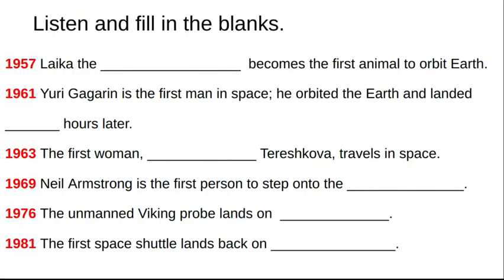Okay, now we are going to listen to a different audio and we have to fill in the blanks with the missing word. In red, you can see the year that these events happened. Go ahead and pause the video to quickly read through the sentences.